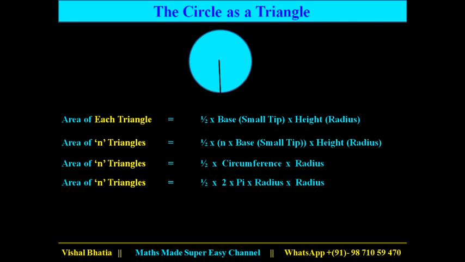By definition, the circumference of a circle is nothing but 2 times pi times radius. Let's look at the area of the circle now. Half and 2 get cancelled off and we are left with pi times radius into radius, which gives us the area of the entire circle as pi r square.